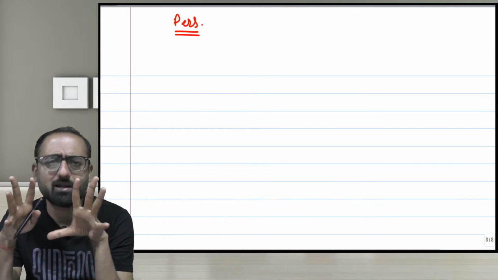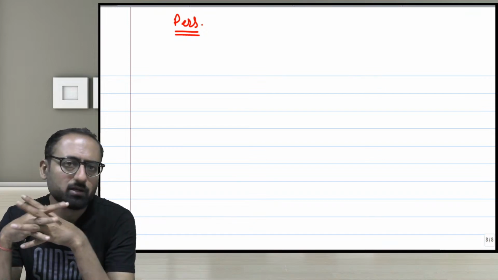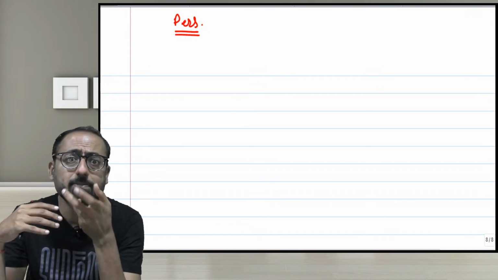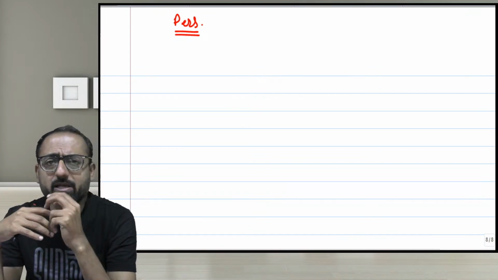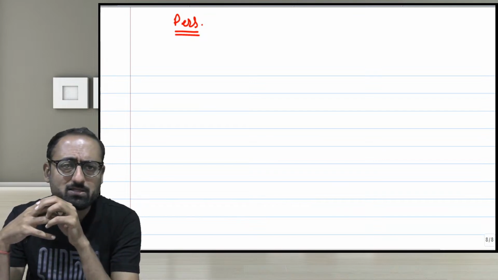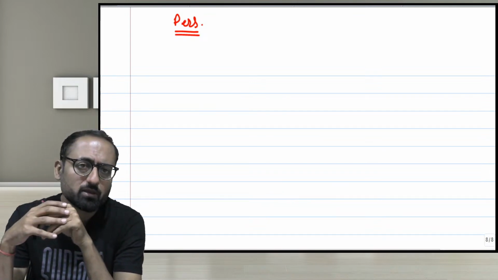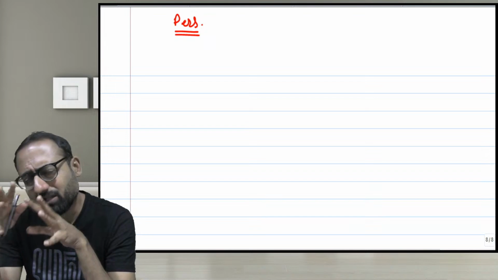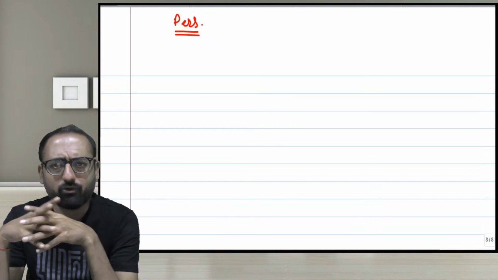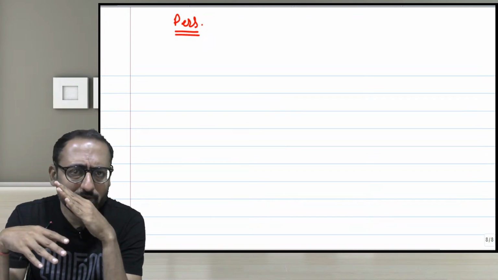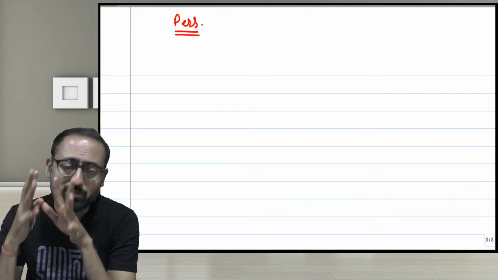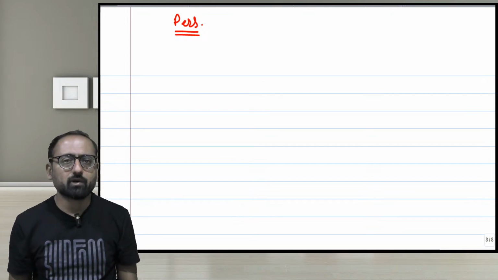So these are the possibilities of labor turnover. Or there can be a disciplinary measure. Disciplinary measure means one worker is not working well, he is violating the rules and regulations. For that purpose, you will discharge him from the job. So these are the reasons for labor turnover.